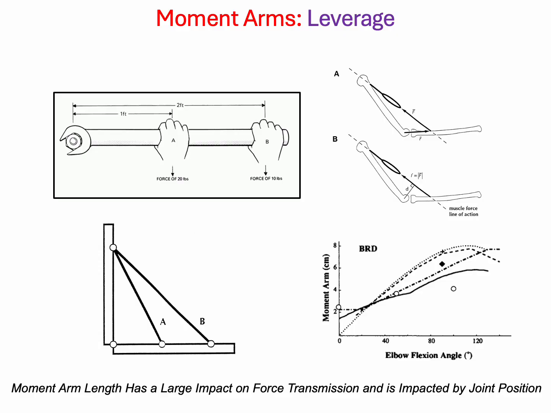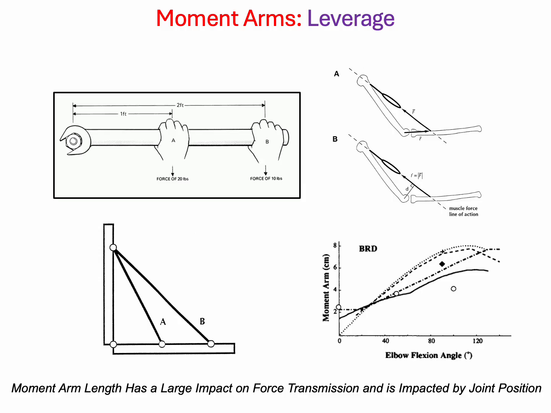Generally how we measure this is we start with the center of the axis of rotation, and we draw a line that's perpendicular to where the muscle force is being transmitted. That's called the muscle force line of action, right? If this muscle is trying to pull, with its insertion point here and its origin here, this is the line of force production, or the line of action. And the distance away from the joint then gives us the moment arm.